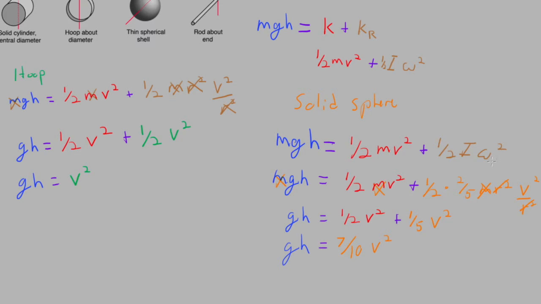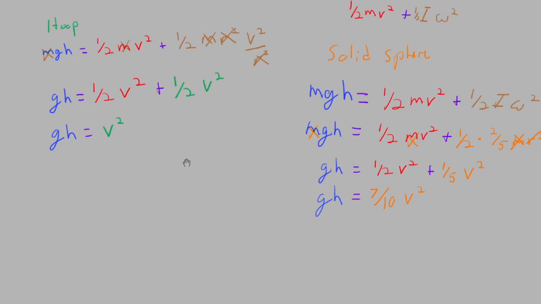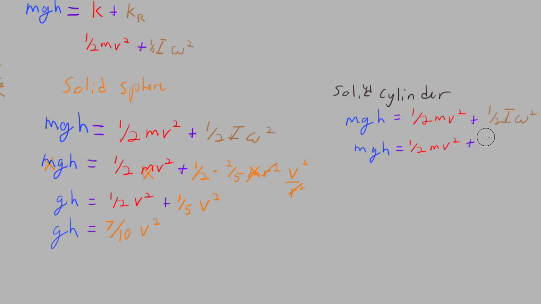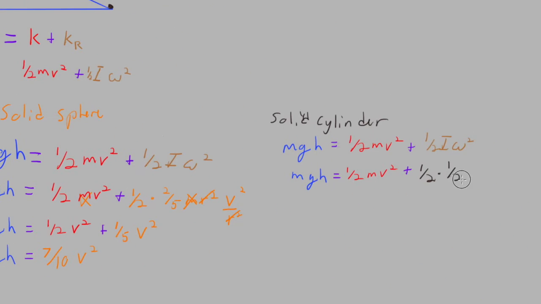Now let's do our last one. Our last one was the solid cylinder. Let's just do that to the right. Just like before, our r squareds cancel out. That should explain why the radius of these cylinders or spheres or whatever don't matter, because the r values cancel out. And once again, I can divide mass out of every term.